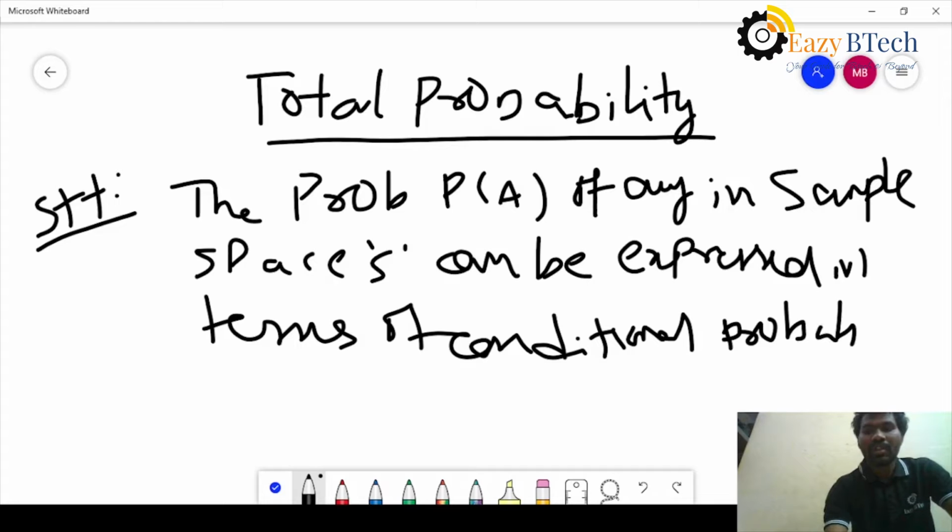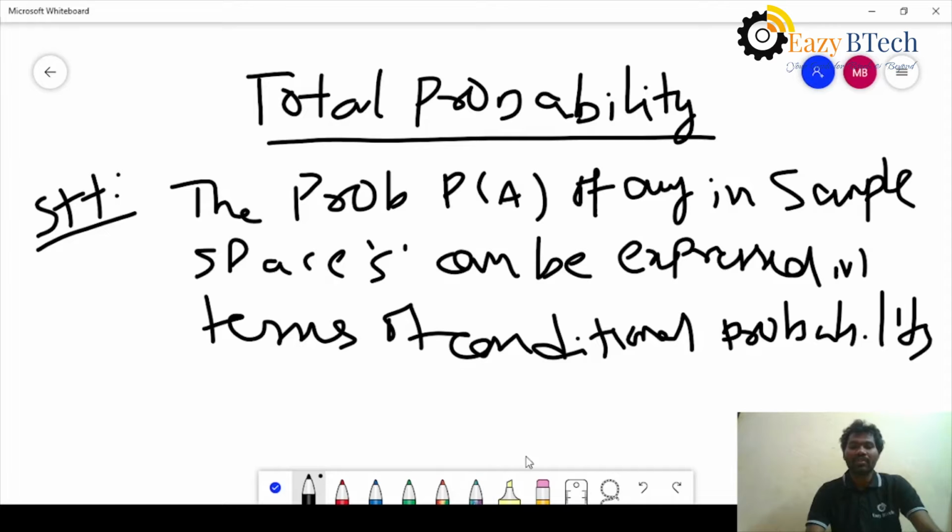So this is the statement in terms of words.